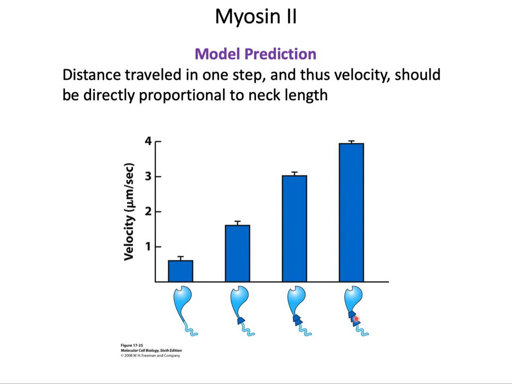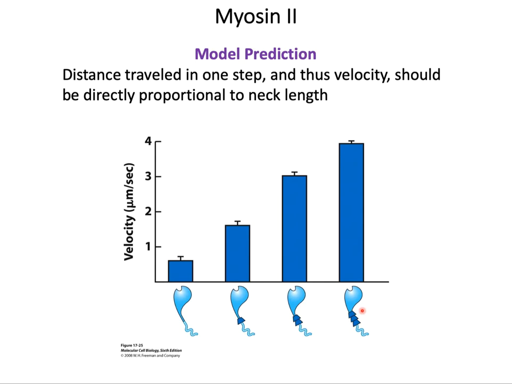So let's look at this experiment, which actually tested a number of mutant myosins that were generated in the lab. What distinguished these mutant myosins from the wild-type myosin was that increasingly longer necks were genetically engineered. That is shown right here at the bottom. The first myosin is the wild-type myosin, and you have increasing length as you move along the x-axis.